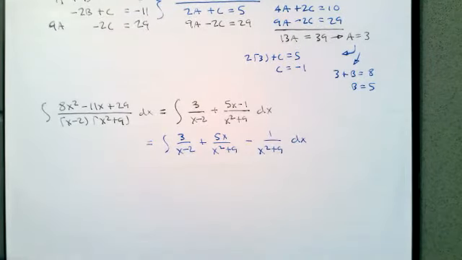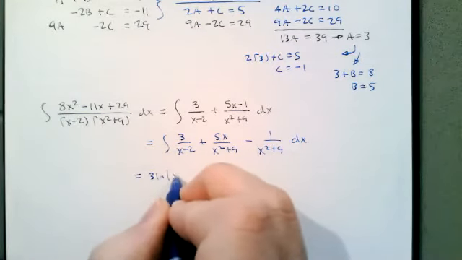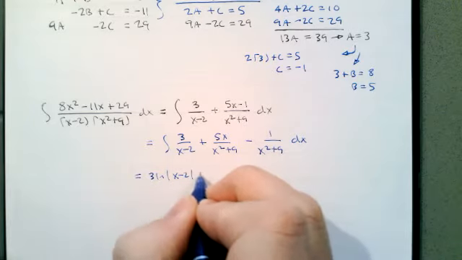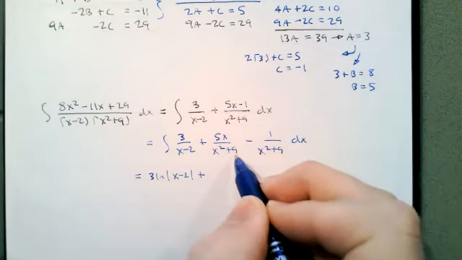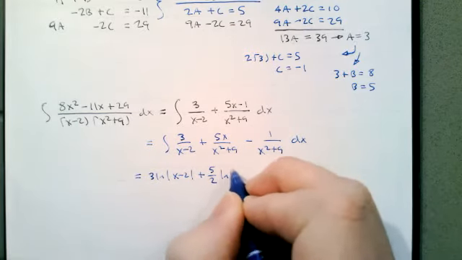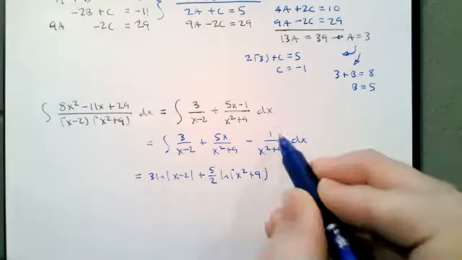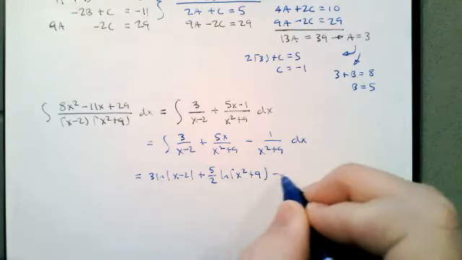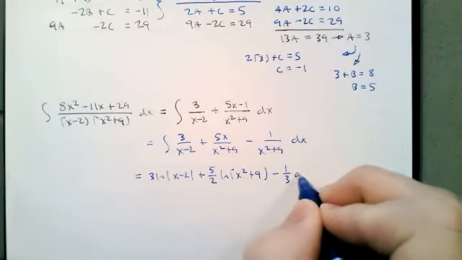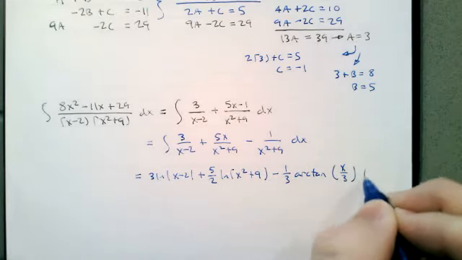The integral of 3 over x minus 2 is going to be 3 natural log of the absolute value of x minus 2. The integral of 5x over x squared plus 9 is going to be 5 over 2 natural log of x squared plus 9. And the integral of 1 over x squared plus 9 is a 1/3 arctangent of x over 3, so minus 1/3 arctangent of x over 3, plus C.